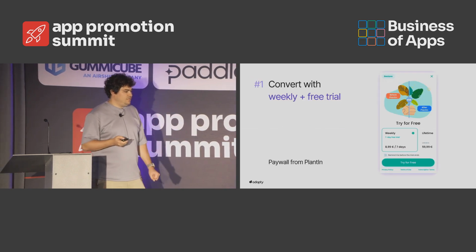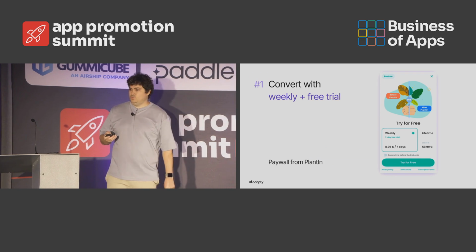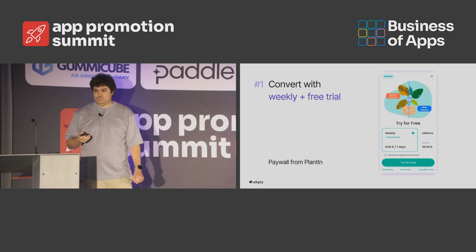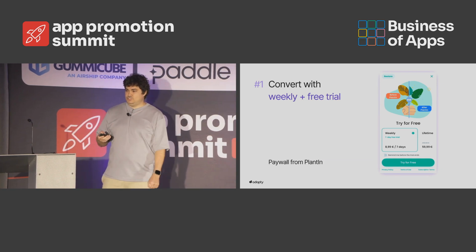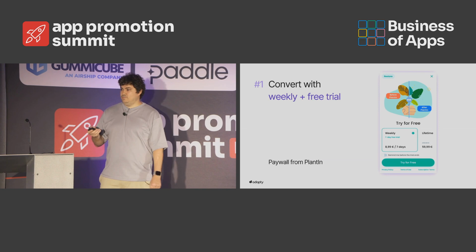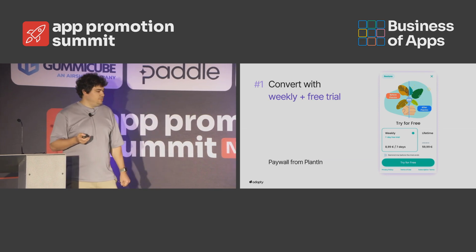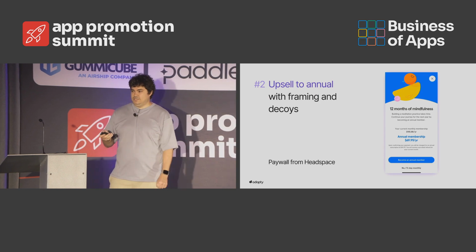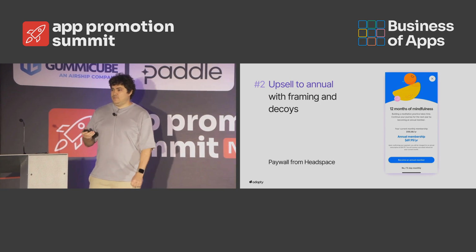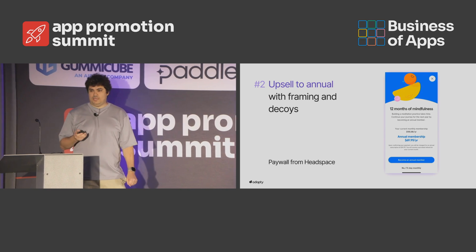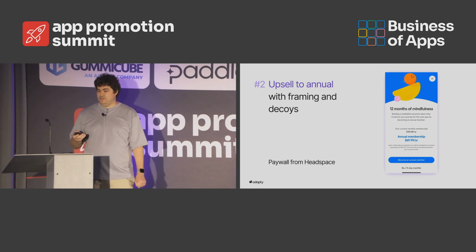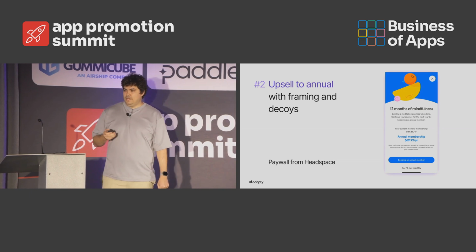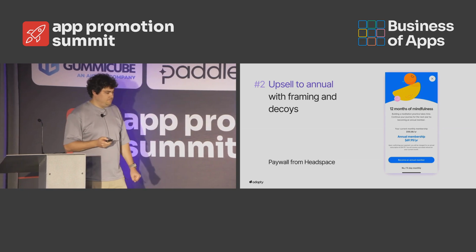To summarize, we recommend using weekly subscriptions with trials to increase initial conversion, because this allows your customers to start using your application without long-term commitments. But soon, as you see the customers sticking with your application, it might be a good idea to upsell them to annual plans, because they show higher LTV, and customers who are ready to commit will be more willing to pay annually.